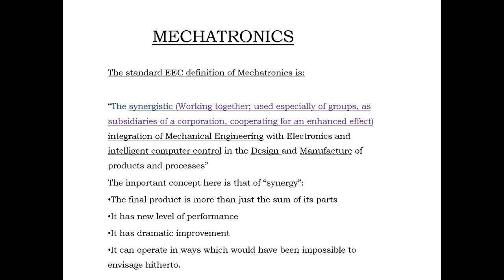So, the standard definition of mechatronics is the working together of groups, cooperating for an enhanced effect. So it is the integration of mechanical engineering with electronics and intelligent computer control in the design and manufacture of products and processes.